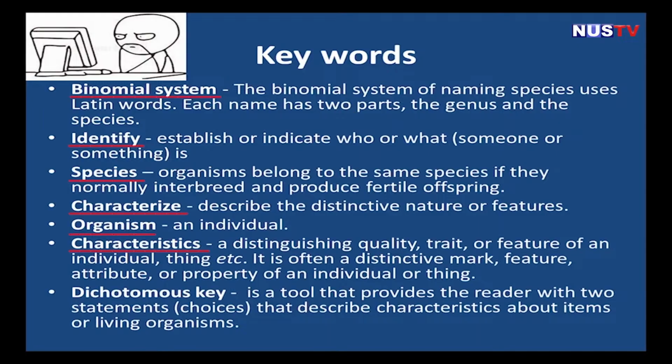It is often a distinctive mark or feature, attributes, or property of an individual or thing. A dichotomous key is a tool that provides the readers with two statements. These statements are normally choices that describe characteristics about items or living organisms.